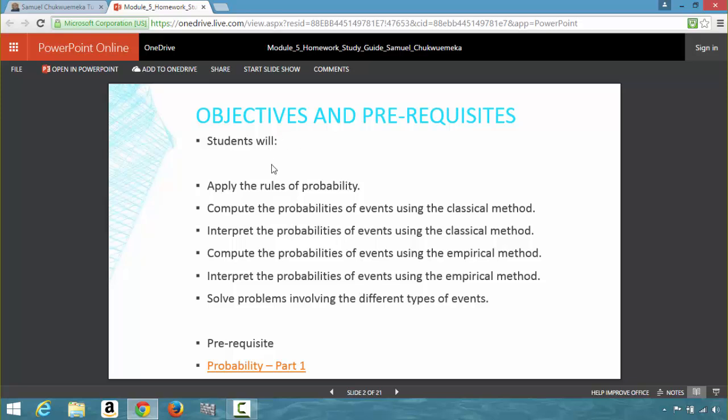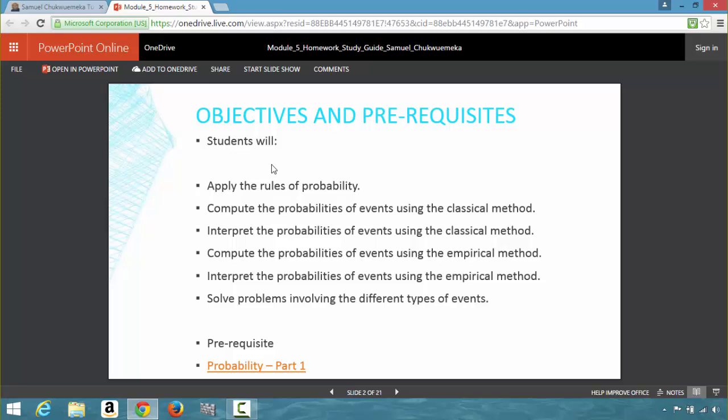So at the end of this video, I expect that you will apply the rules of probability. You will compute the probabilities of events using the classical method. You shall also interpret the probabilities of events using the classical method.